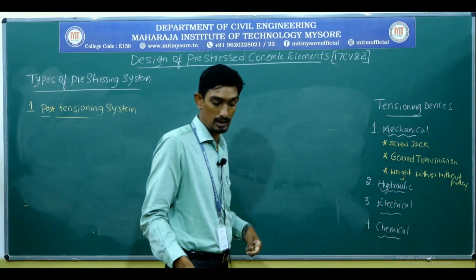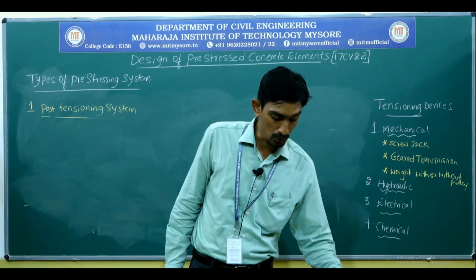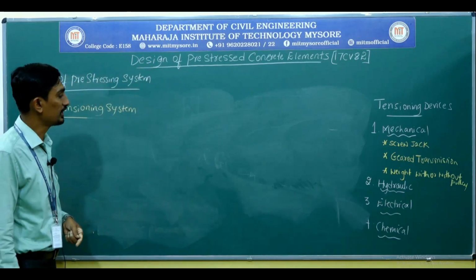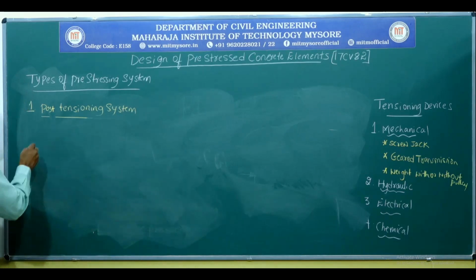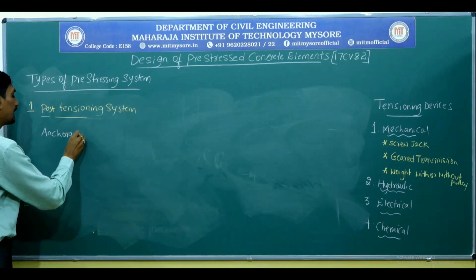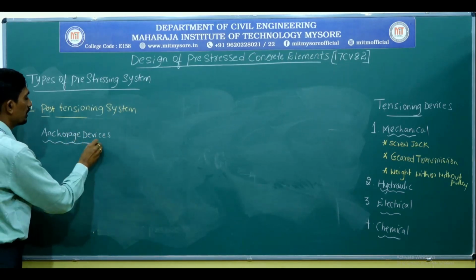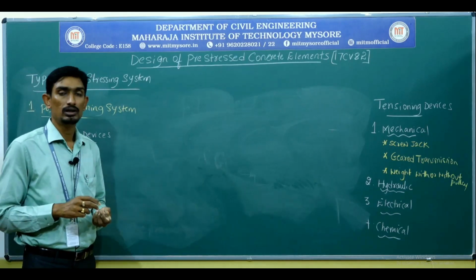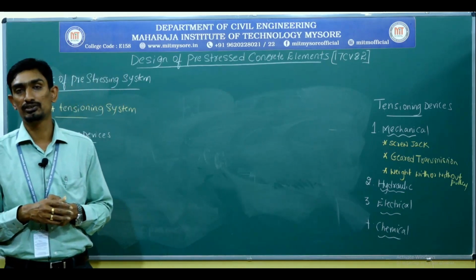The very important thing we need to understand here is that I have explained the tensioning devices, so before going to the post-tensioning system, let me explain the various anchorage devices, because in the post-tensioning systems we use different types of anchorages.